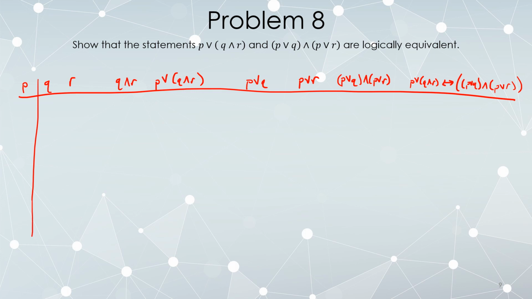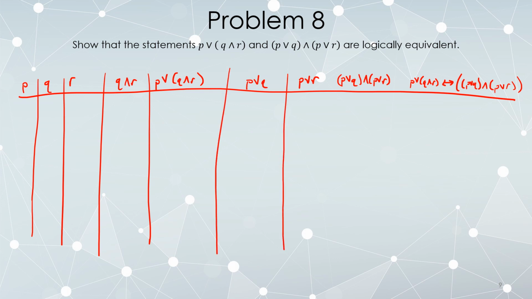This is going to be an 8-row table, so make them nice and long. And remember, our goal is just to show that this biconditional arrow at the end is a tautology, in other words, always true. So true, true, true.